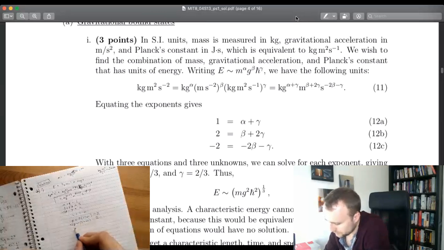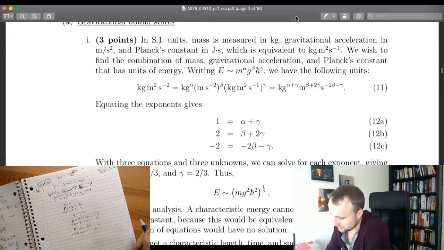So we have beta plus 2 minus 2 alpha is equal to 2. Then we have 2 beta plus alpha minus 1 is equal to 2.